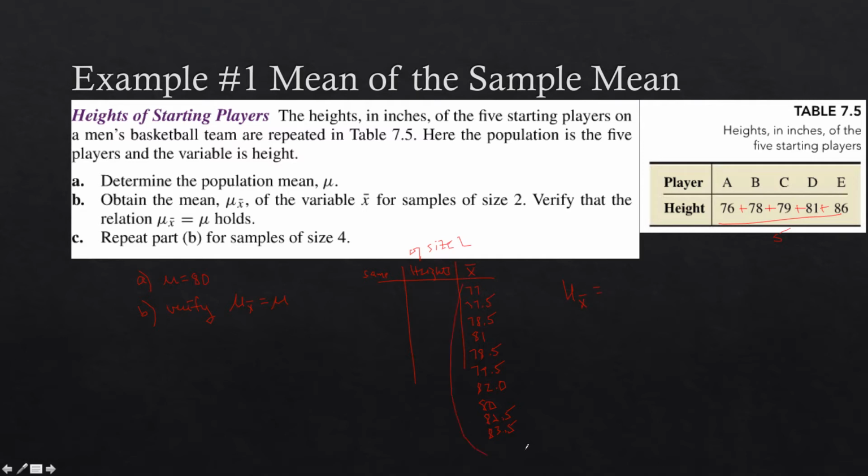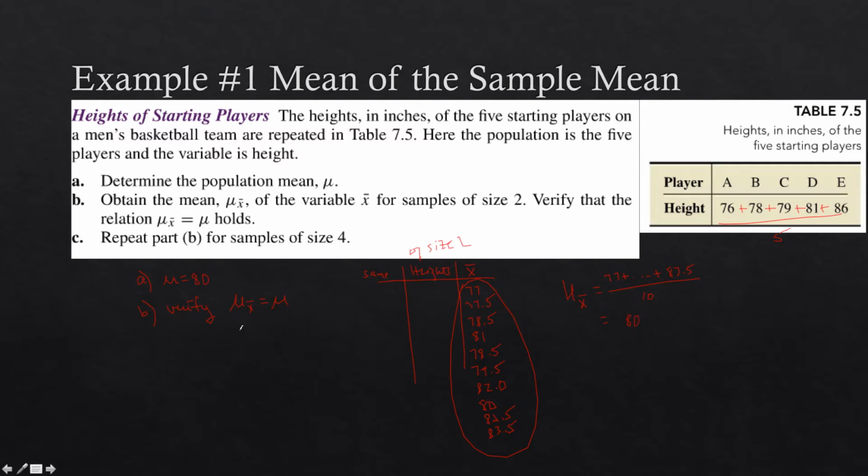Take all of these, add them up, divide them by 10. So 77 all the way to 83 and a half, add it all up, and divide by 10. And if you do that, you should get 80.